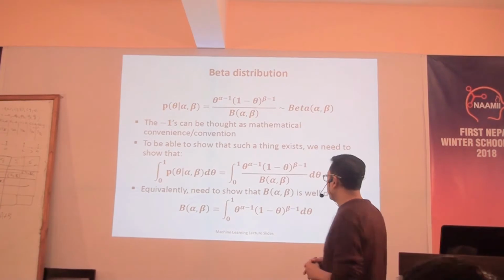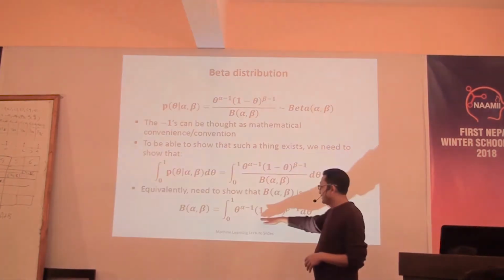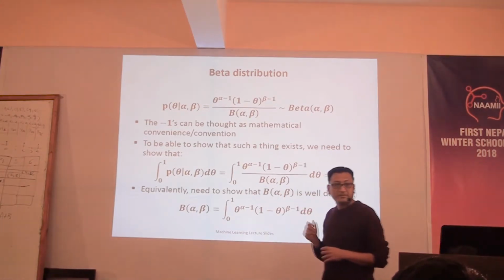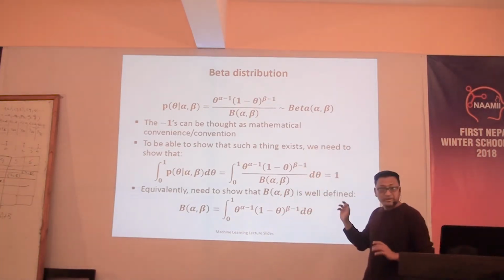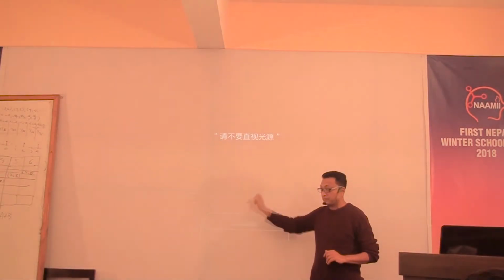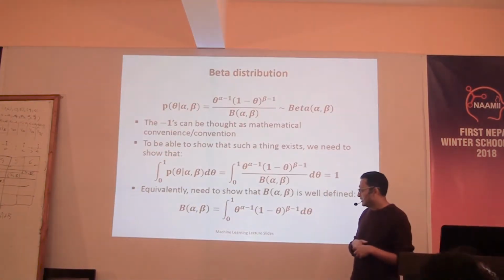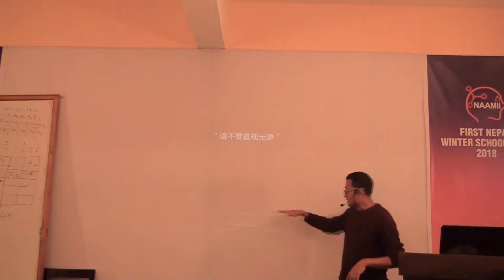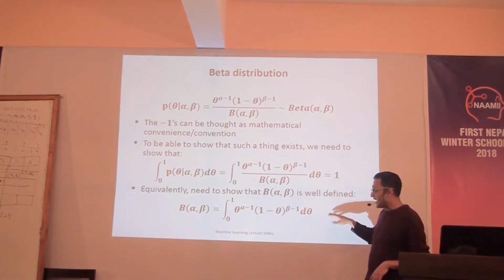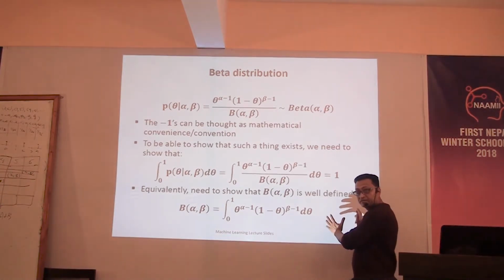So how do you think we can solve this integration? Remember that because this is a definite integral between 0 and 1, will the resulting formula from this integration have a theta in it or not?